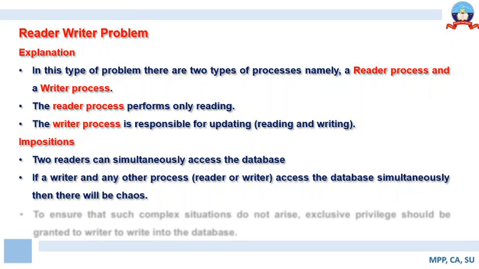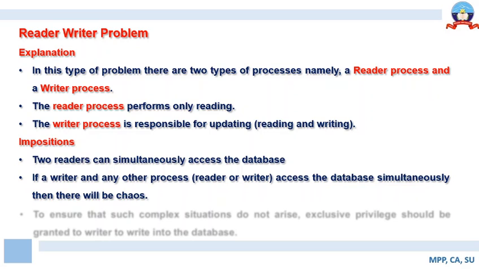If a writer is modifying the content of a file, then no other process, reader or writer, should be allowed access to that file, because then it will be trying to access an inconsistent set of data values. So definitely there will be chaos.